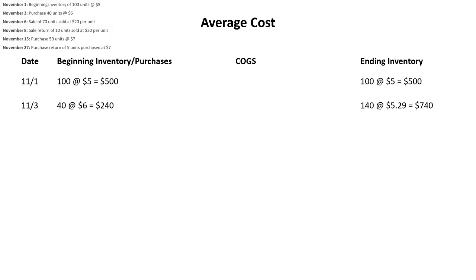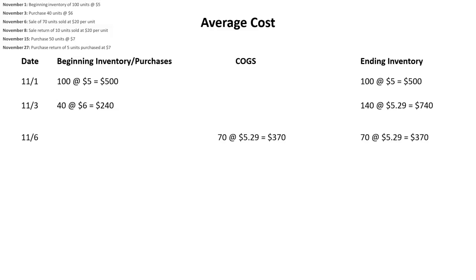So the 500 plus the 240 gets us that 740. Then to find the weighted average unit cost, we'll take the $740 divided by the 140 units, and that comes out to about $5.29.